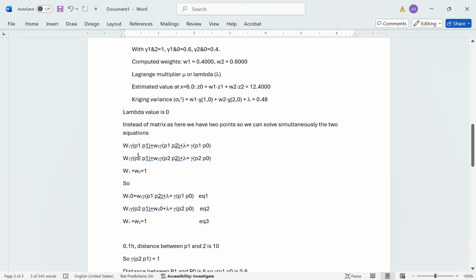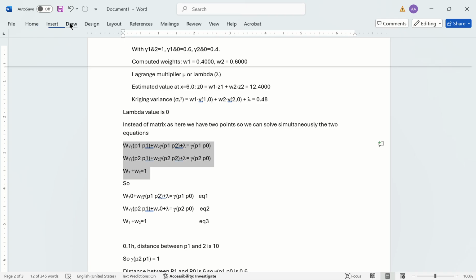So let's come back to how we are going to find it using a matrix equation. You know, this can be changed into a matrix equation as well. If we had multiple equations, we would have used it in the matrix form, like this. W1, you see, this would have been the first term over here.